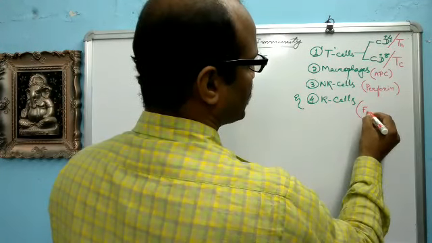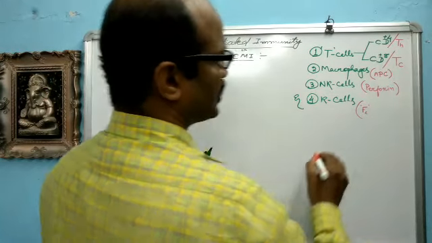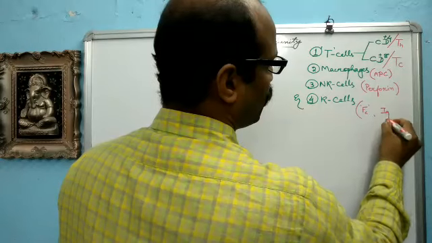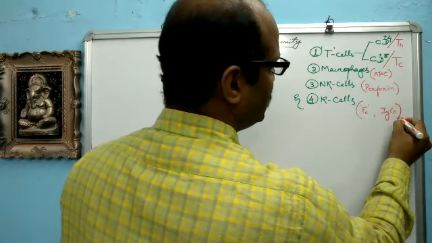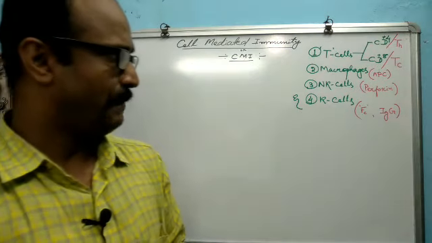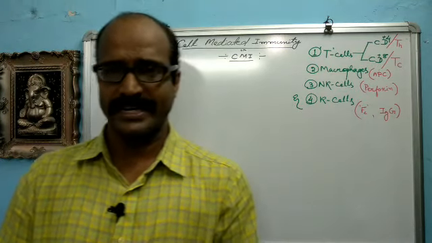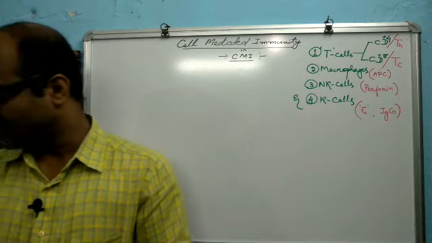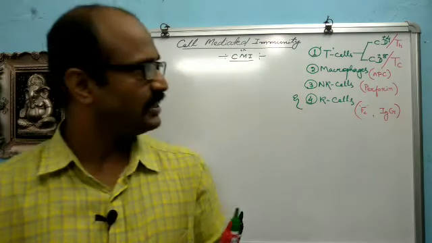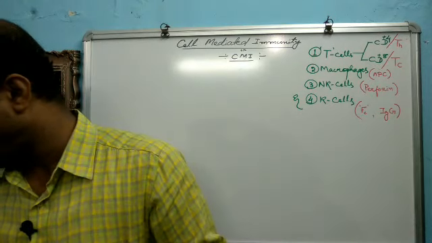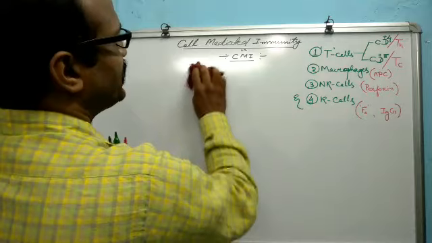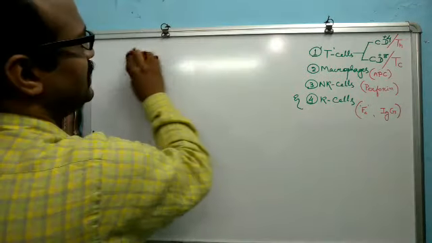The surface of the K cells contains the Fc receptor of immunoglobulin G, and it is responsible for antibody dependent cell mediated cytotoxicity.